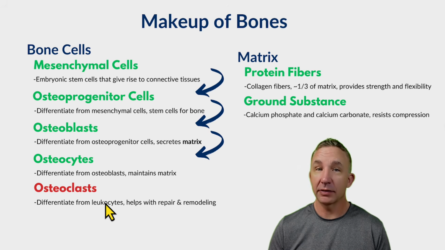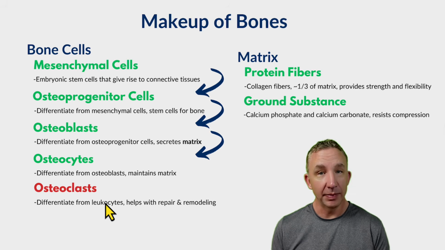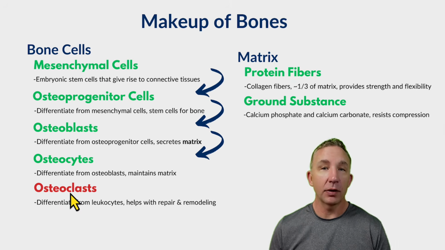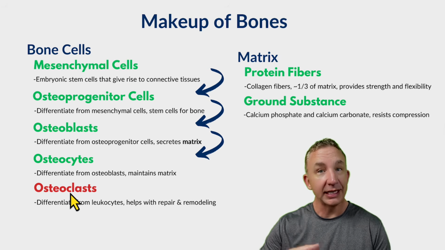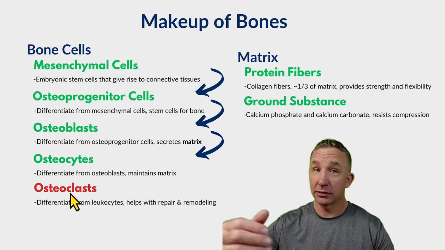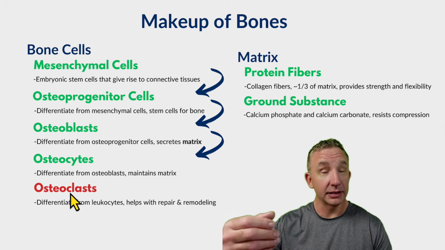Remember in a previous video, we talked about long, short, irregular, flat, the types of bone. So based on the DNA, it knows how to regrow it to the same shape. And when we look at osteoclasts, they help as the bone develops over time. When my bone grows, it's getting bigger and bigger. So if I think about my femur, the biggest bone in the body, when I go from 10 years old to 20 years old, it's increasing dramatically in size.